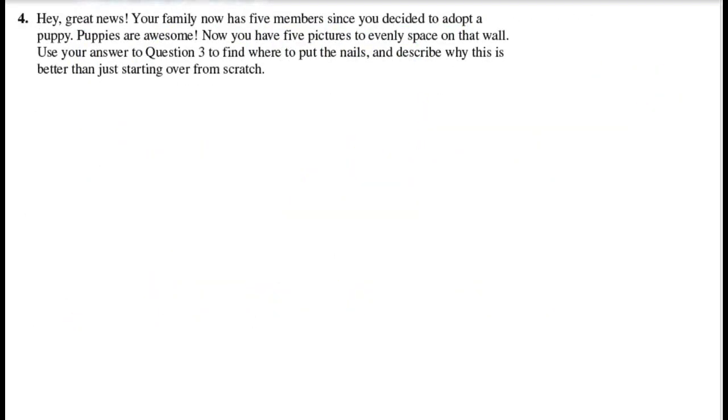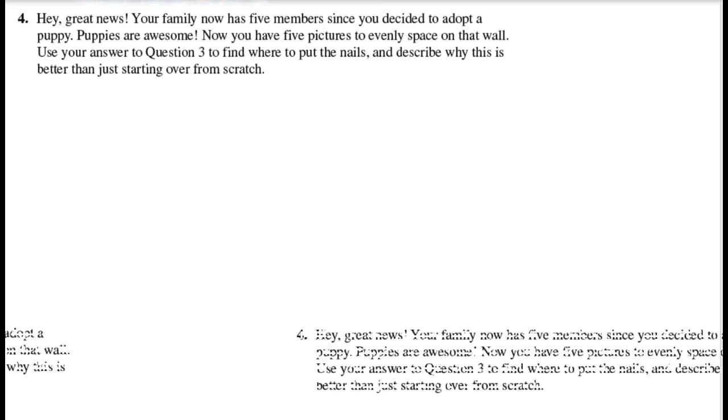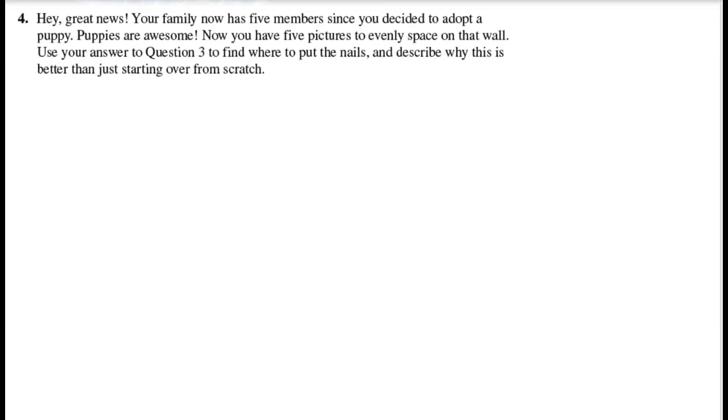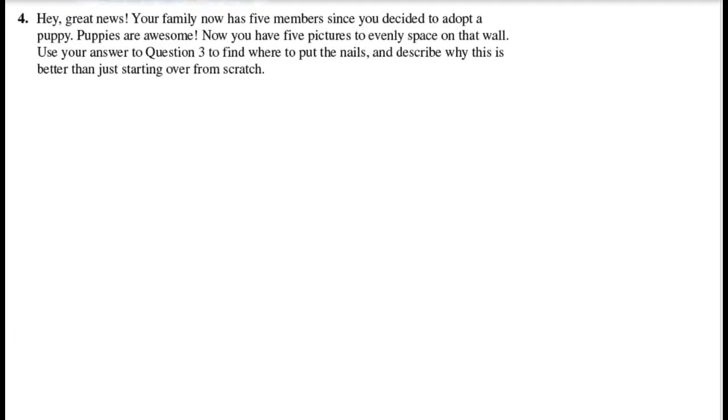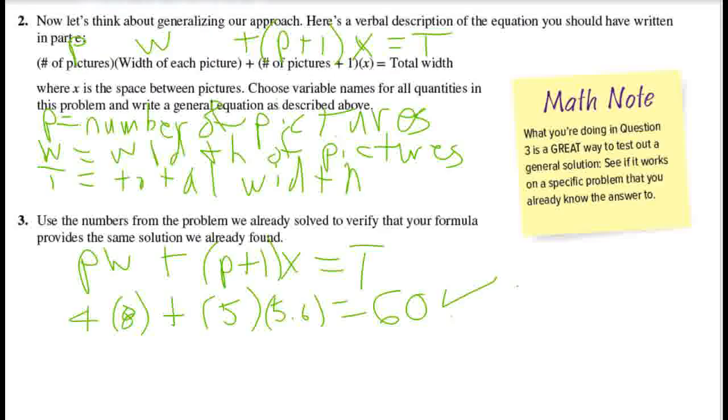Question 4. Your family now has 5 members since you decided to adopt a puppy. Now you have 5 pictures evenly spaced on the wall. Use your answer to question 3 to find where to put the nails. Describe why this is better than just starting over from scratch.